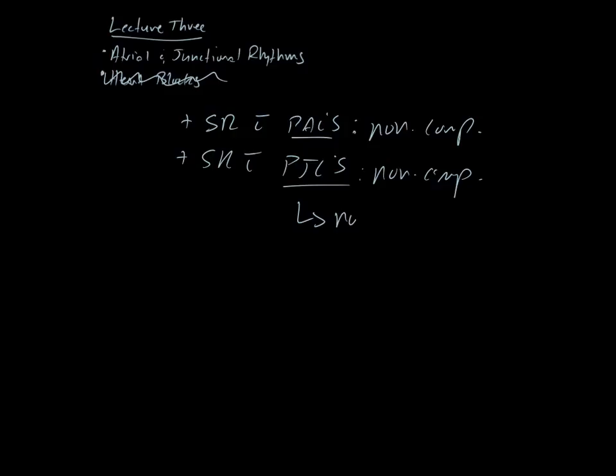Yes, there's either no P wave sometimes, or an inverted P with a short PRI. I would expect you guys to know what your normal P to R interval is, your normal QRS duration, and your normal QT interval. We've been doing a lot of that up to this point, so you guys should be good to go there.